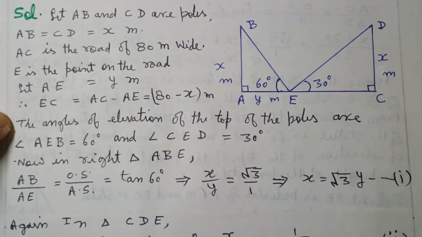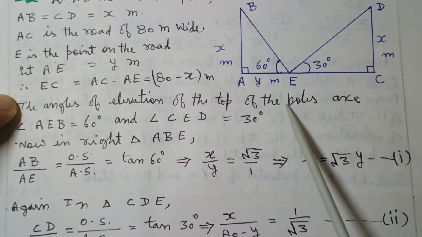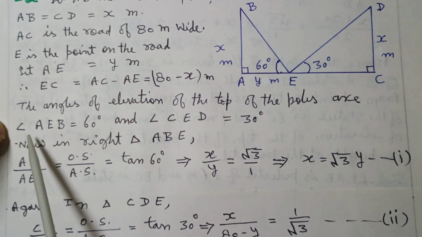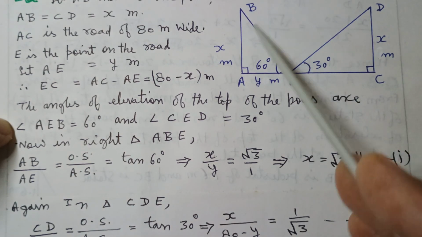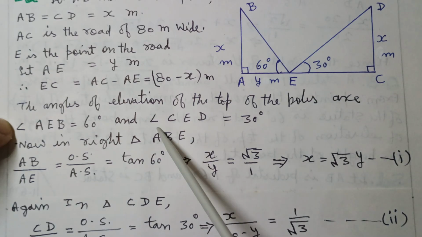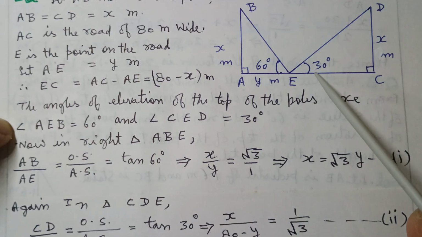Now the angles of elevation of the top of the poles are angle AEB is equal to 60 degree and angle CED is equal to 30 degree.